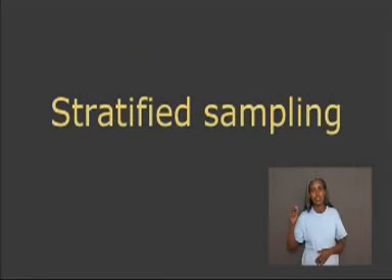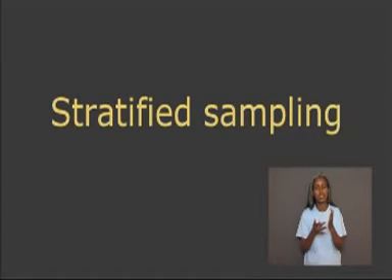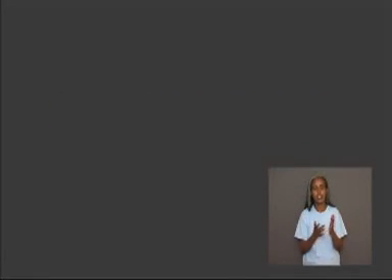Stratified sampling is our last technique. This is useful when there is a categorical difference in the population. The population is then divided into homogeneous groups or strata, and a sample is selected from each strata by using one of the other techniques.